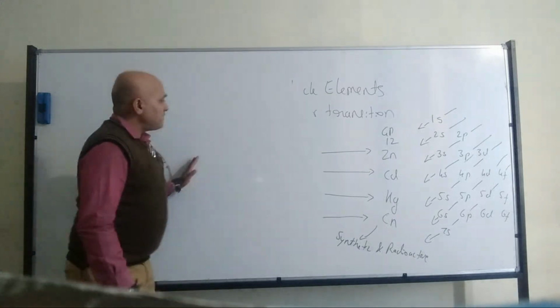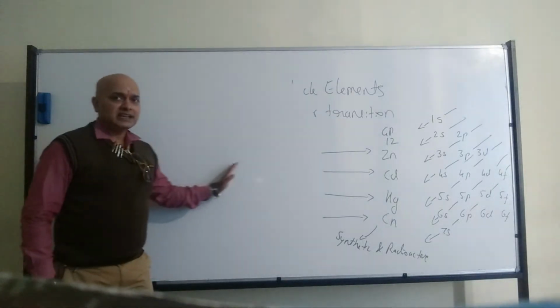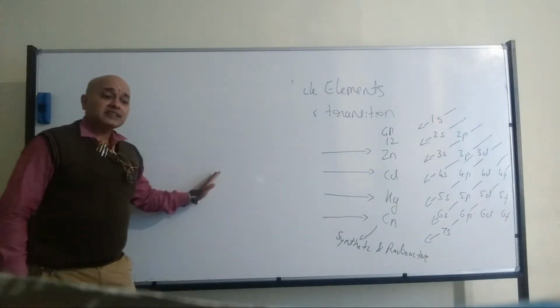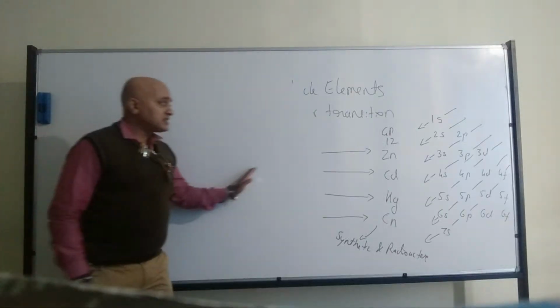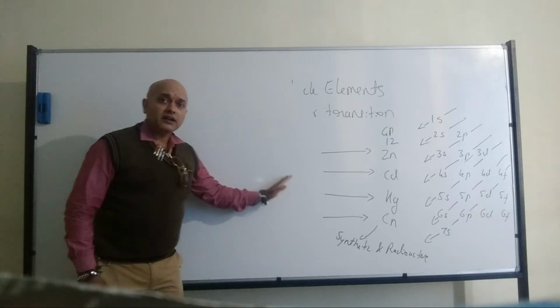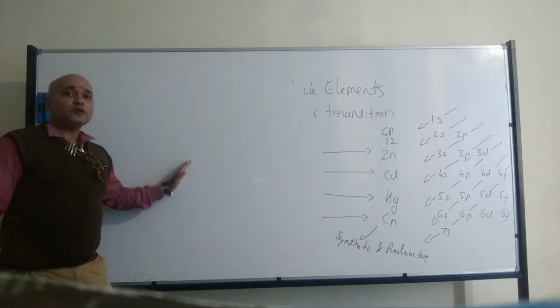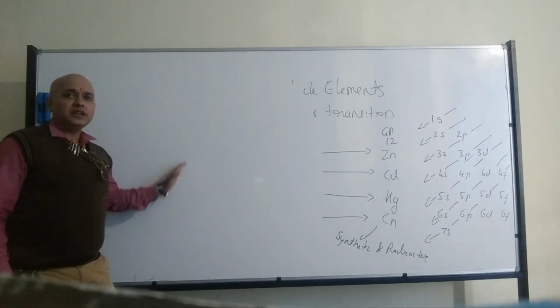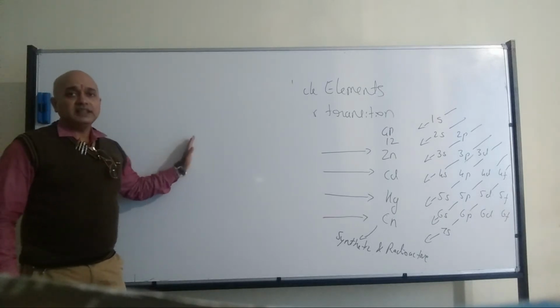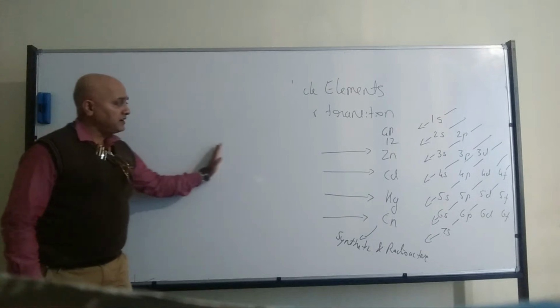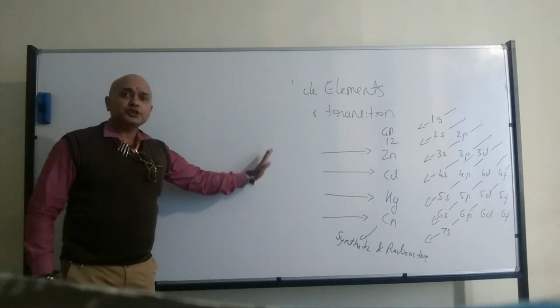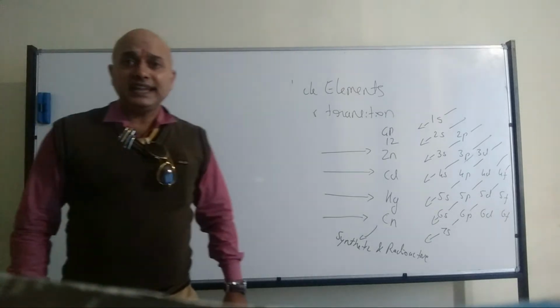In the same way, when you move after manganese, there will be slight variation, but still they cannot go beyond chromium and molybdenum. They will be below that only, because as you move rightward, pairing of electrons will be initiated.